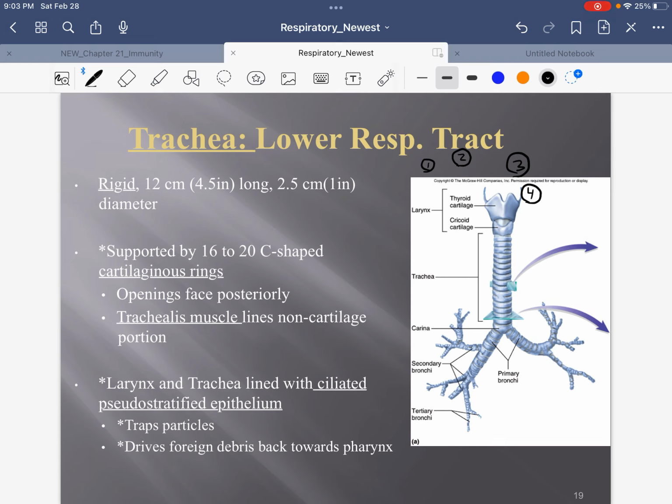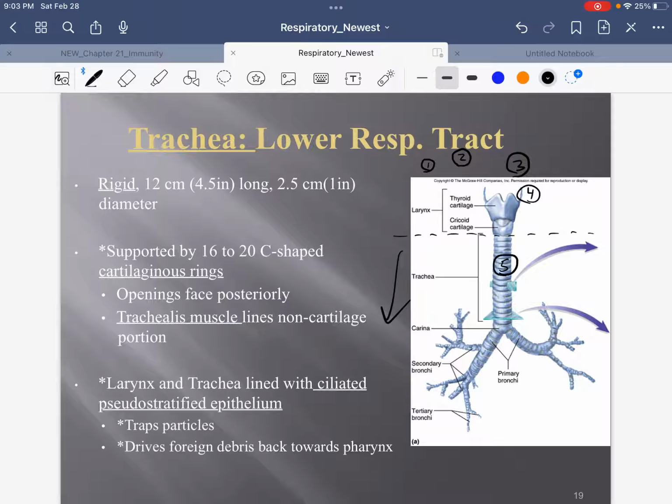Now we're into the lower respiratory tract. Probably more accurate to make that line below the larynx. Now we get to the lower respiratory tract, the trachea.